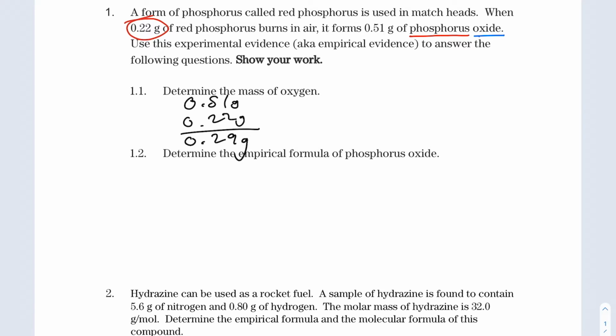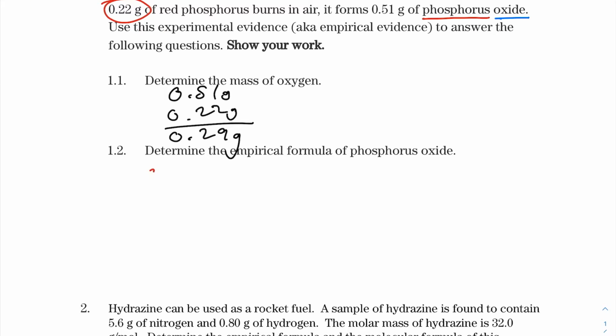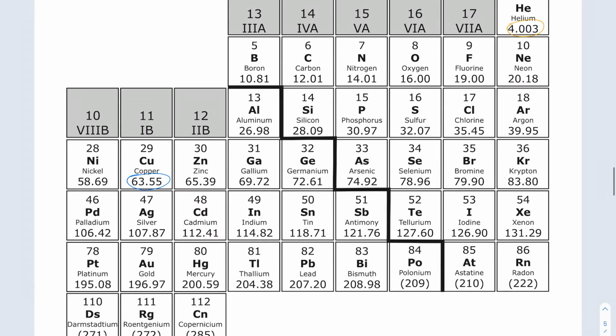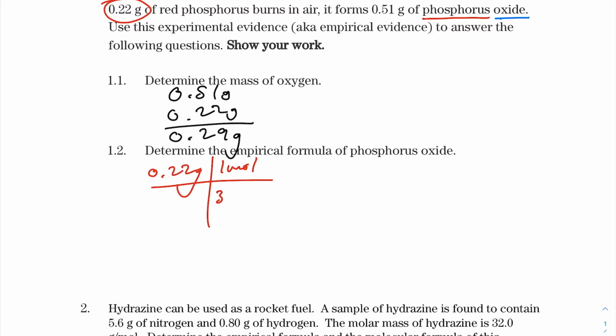That's how much oxygen we've got. So they told us we had 0.22 grams of phosphorus, and we're going to set up a table. We've got 1 mole, and if we look on the periodic table here, it's 30.97 grams. We can see here the grams are going to cancel.